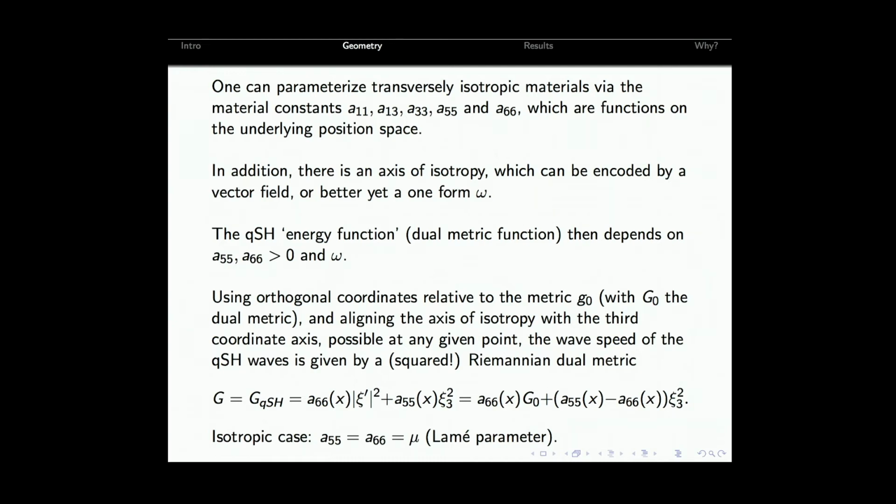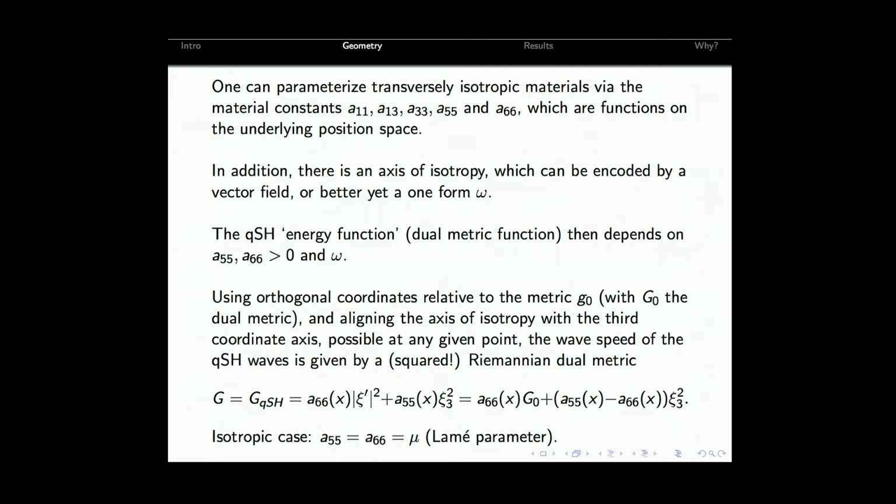Okay, so then at one point, your favorite point, you can always choose your coordinates so that they are orthogonal and the third coordinate is aligned with the axis. And at that point, this energy function, which is going to give the geodesics, you can just write down very explicitly in terms of A55 and A66.